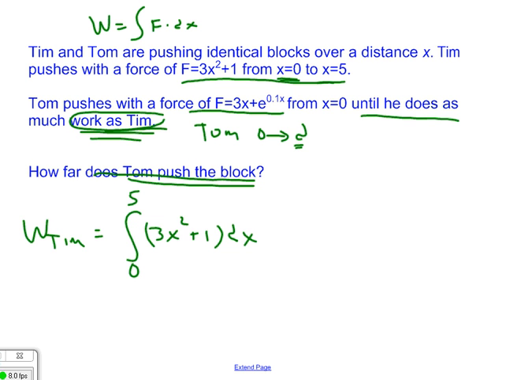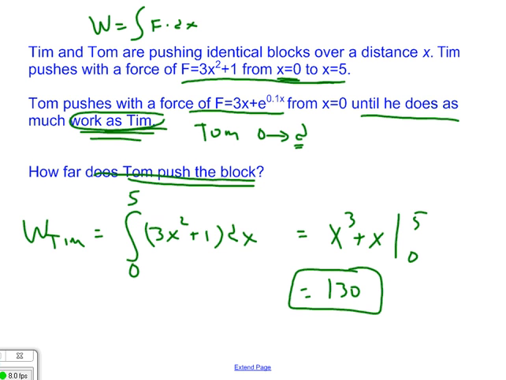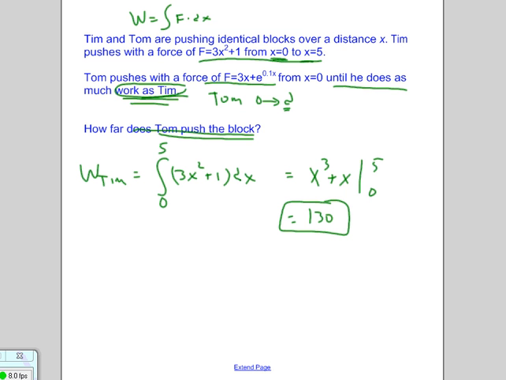Well, what does that equal? This equals x cubed plus x from 0 to 5, which is 130. Okay, that's how much work Tim does.